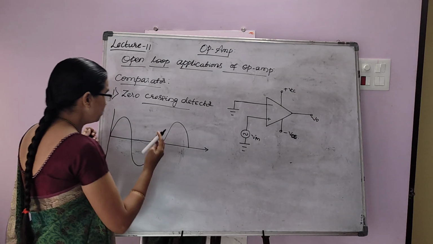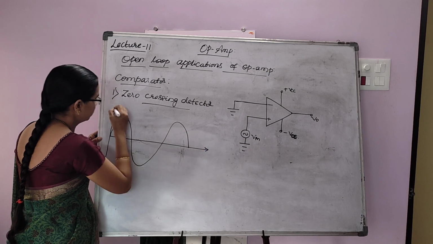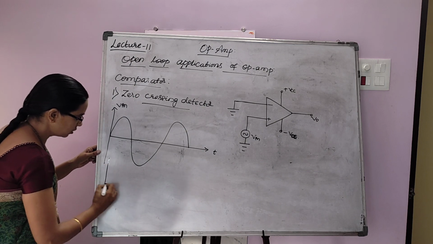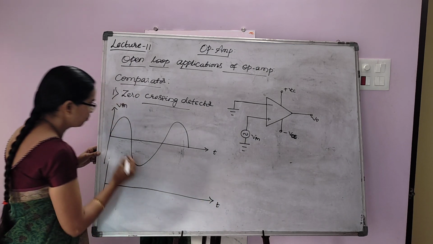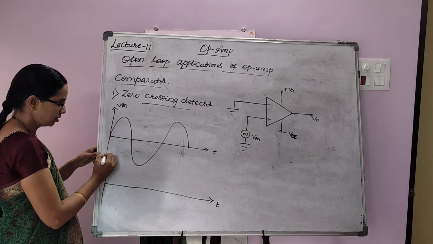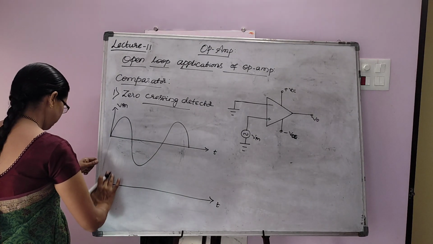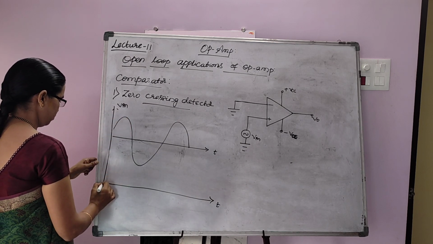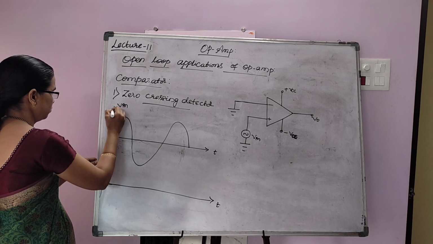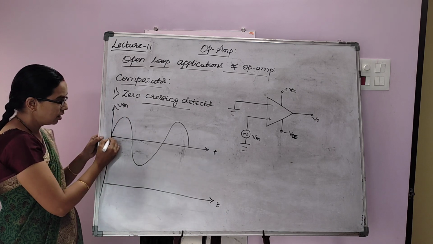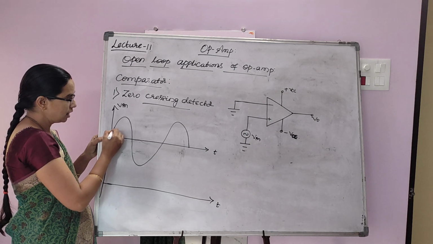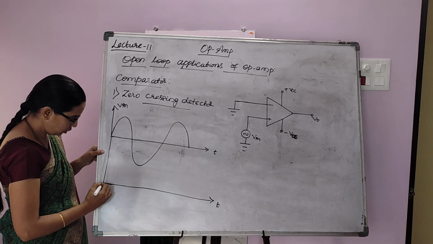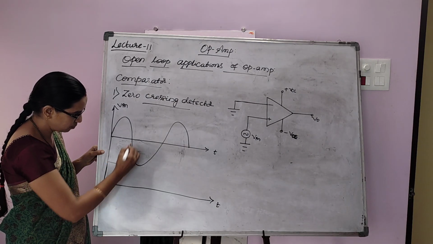So here, if this is the input voltage against the time axis, the output of the zero crossing detector will be, whenever this input voltage is having positive values, it is given to the non-inverting terminal, so you will get a positive saturation.